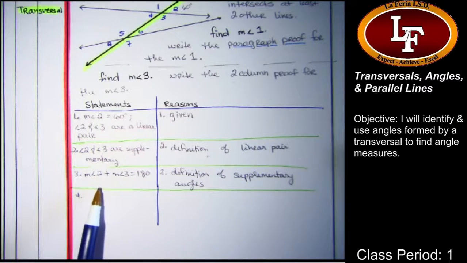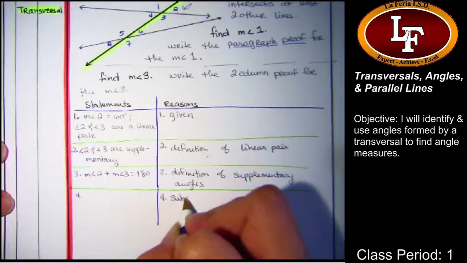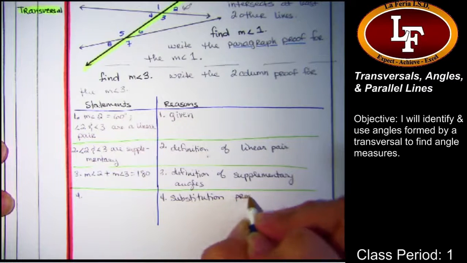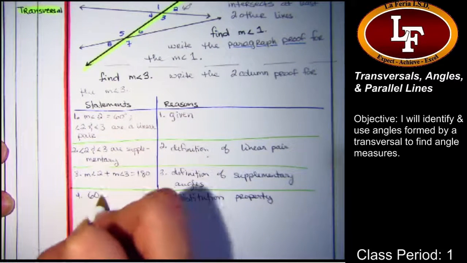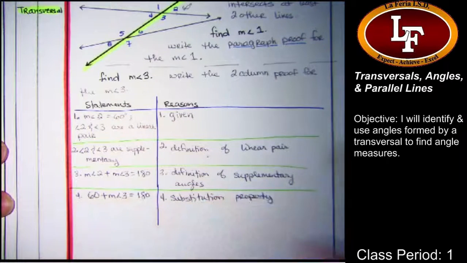What property allows me to do this? Substitution property. So by the substitution property, I can write 60 plus the measure of angle 3 equals 180.